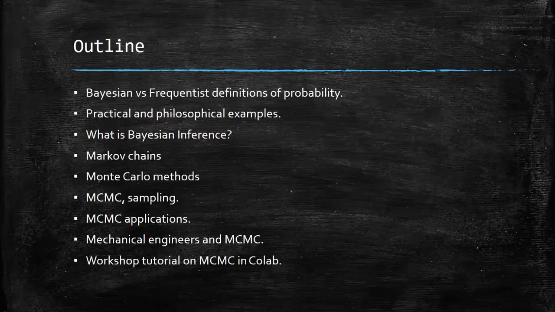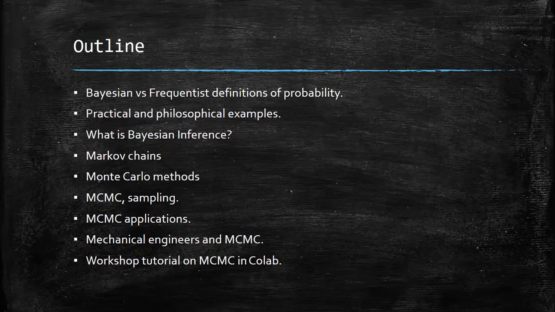Before that, I'll just present a brief outline of all the topics that we'll see in this session. We'll begin with the Bayesian versus frequentist definition comparison in terms of probabilities. In the traditional way of thinking, we are more inclined to think about probabilities in terms of frequencies and not in a Bayesian sense.